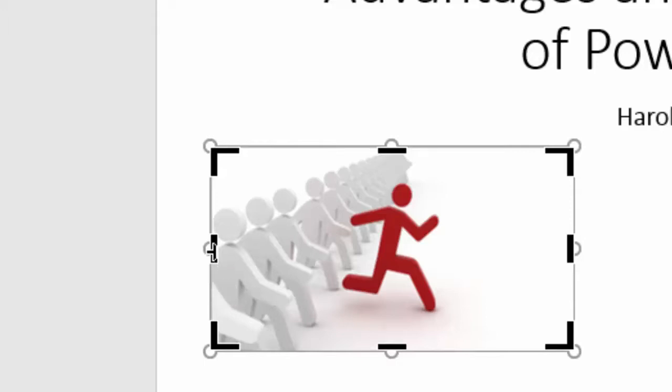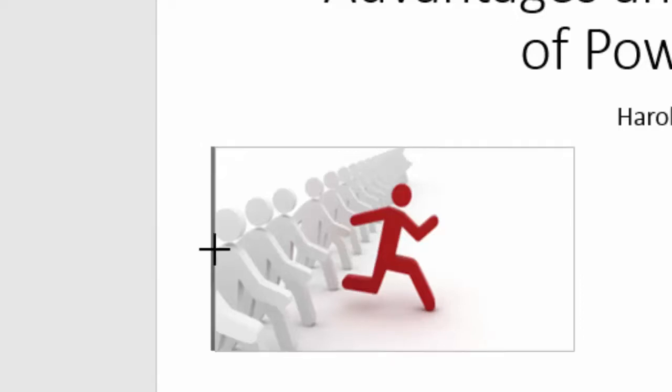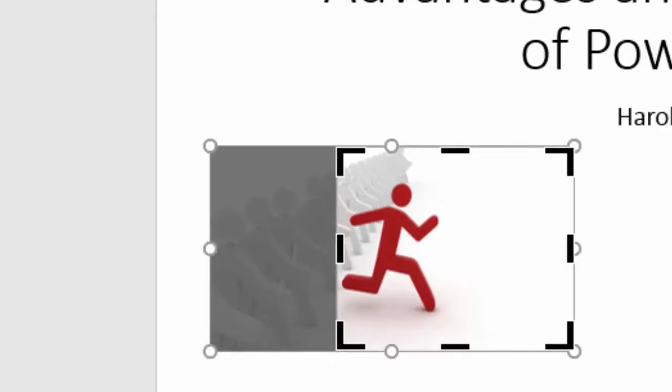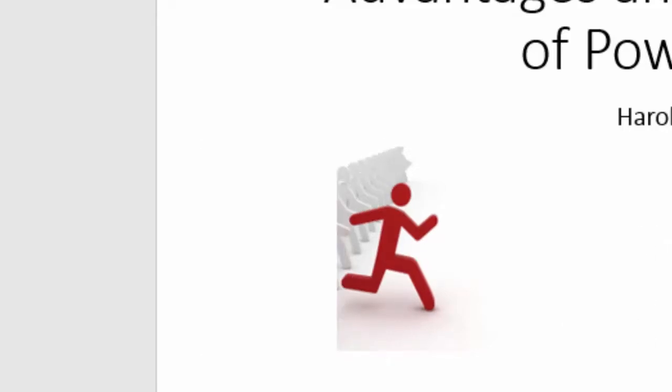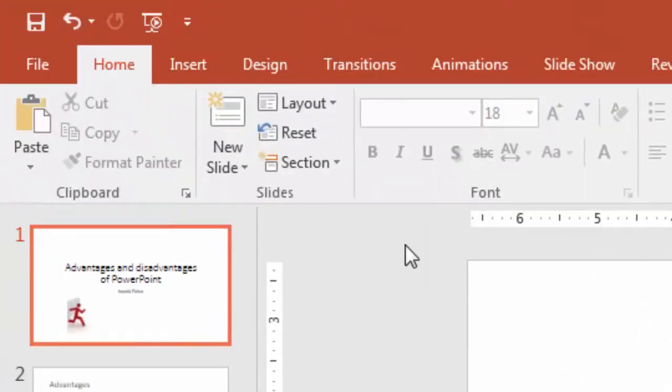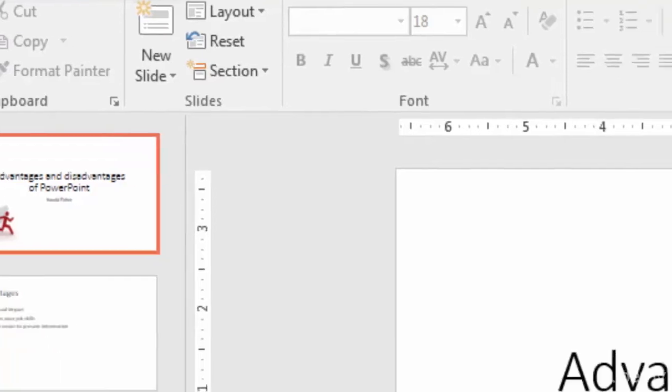If I come right here on top of this bar, I get a T turned to the right. Click and hold, and I can drag it in. Then if I click anywhere else on the slide, that takes that part away. If we had two people in a picture and they were separated, we could cut one person out. That's really the idea of using cropping, when you want to cut something out of the picture. But in this case, I want to hit undo.